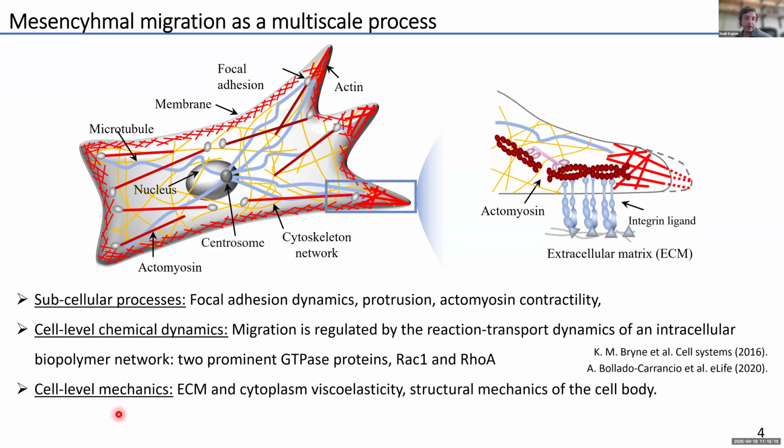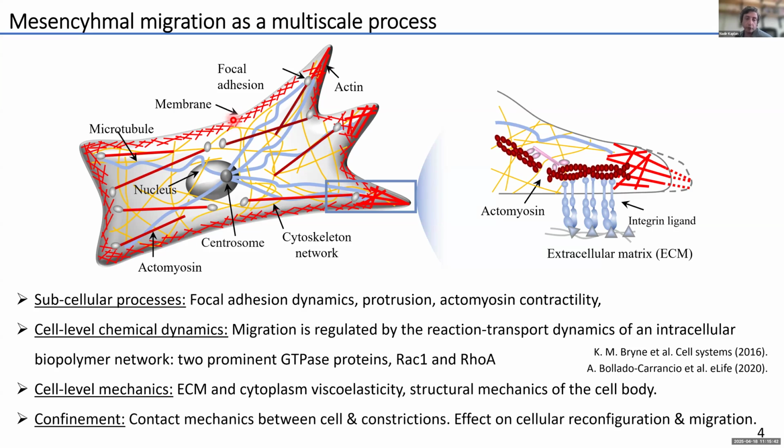And then at the level of the cell, there are the extracellular matrix and cell interactions, I mean mechanical interactions, but also cytoplasm viscoelasticity, and how the nucleus is tightly bound through stress fibers and microtubular networks to what's going on at the periphery of the cell. And as I mentioned before, confinement is also very important because that's going to mean contact mechanics between the cell and the walls of the confinement.